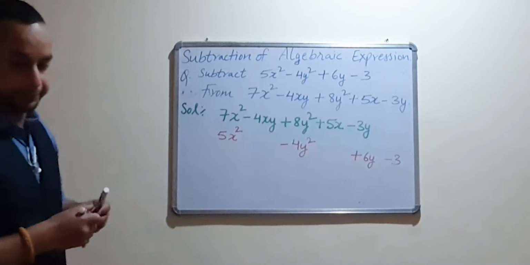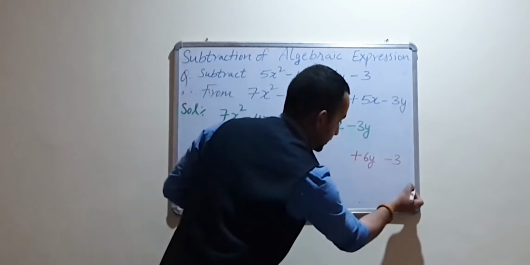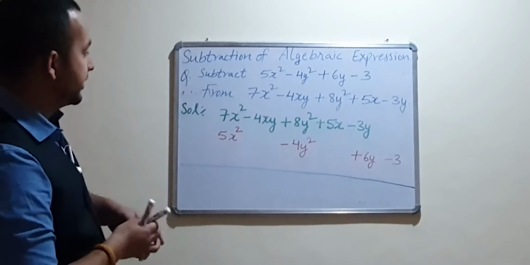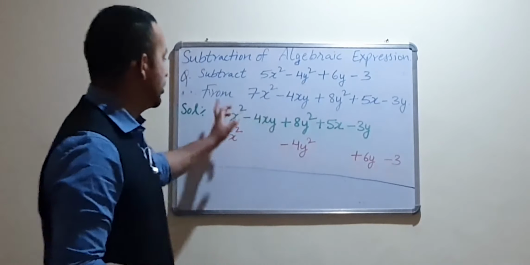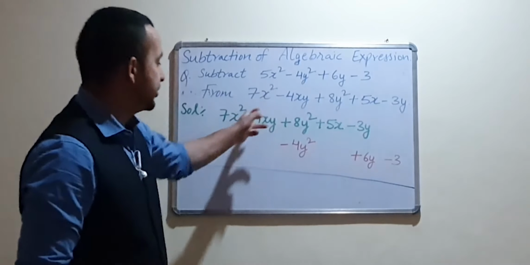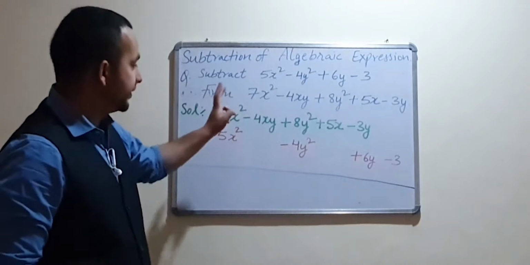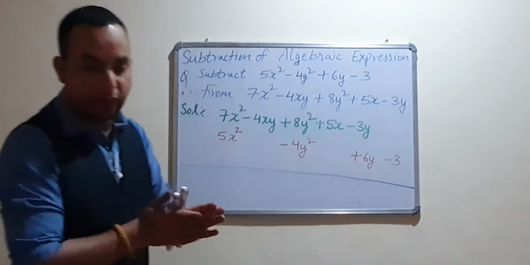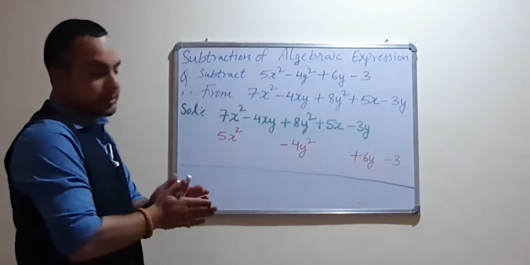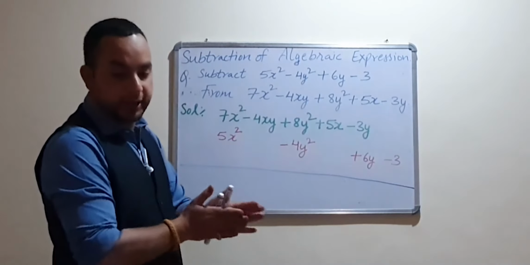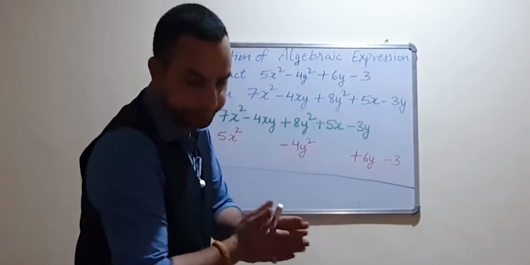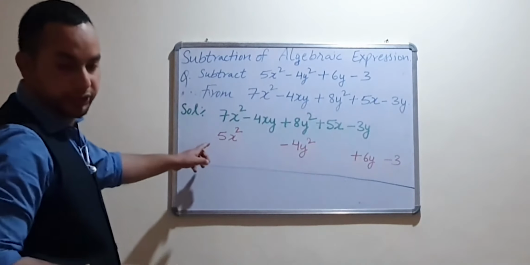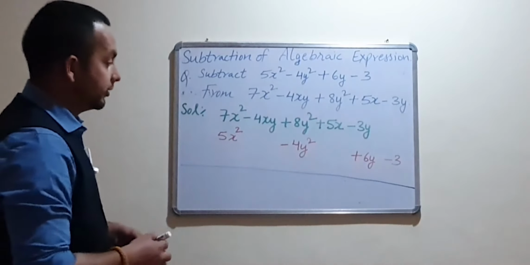We have to subtract this from this. The second expression comes first and the first expression comes second. Now that the like terms are aligned, we are going to change the sign. According to the definition, you are going to change the sign in the second expression.